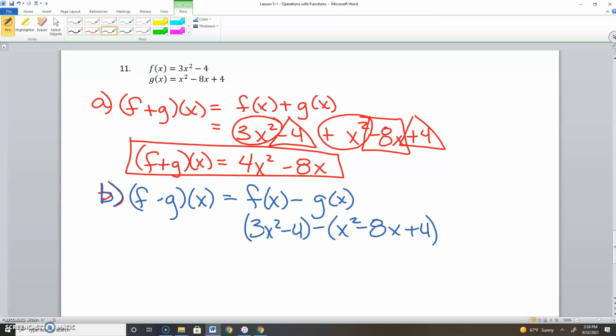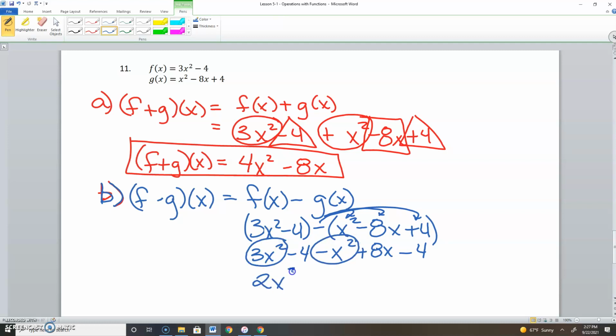So if I'm subtracting, can I just get rid of the parentheses? The answer is no. Remember, we have to distribute that negative. So this becomes 3x squared minus 4 minus x squared plus 8x minus 4. And again, once I remember to distribute the negative, all I'm doing is combining like terms. So 3x squared and a negative x squared gives me a 2x squared.